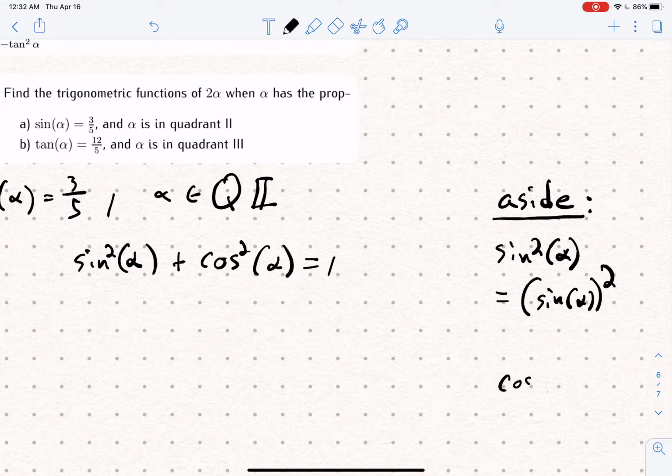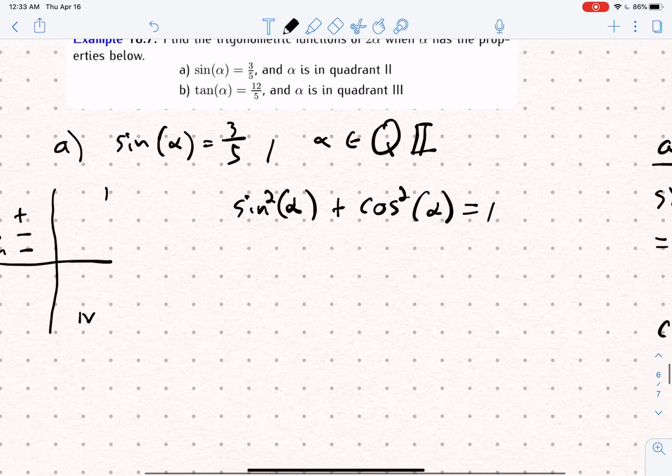And similarly, cosine squared alpha really means cosine of alpha, whole thing, squared. If it helps you, think about it in this form. The squared applies to the entire thing, the sine of alpha altogether, not just to the sine without the alpha. Without the alpha, sine doesn't make sense by itself. It doesn't have anything to plug into it. Okay, end of our aside.